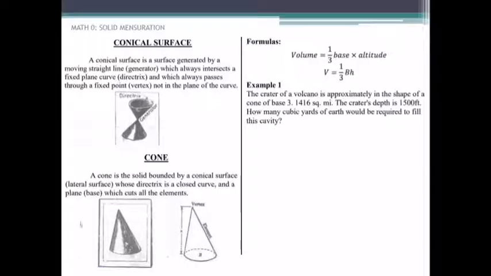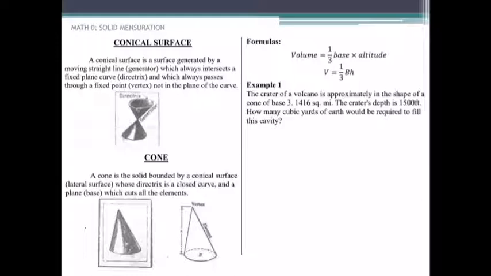Next, let us have the conical surface. So a cone.